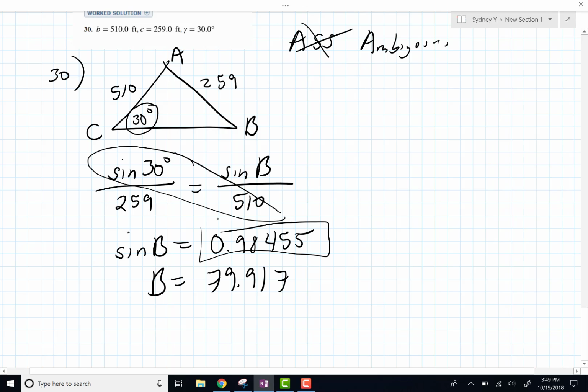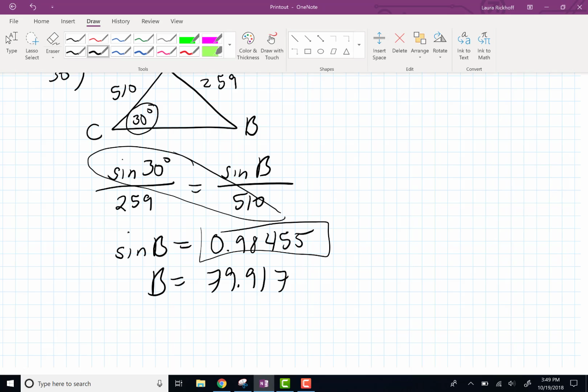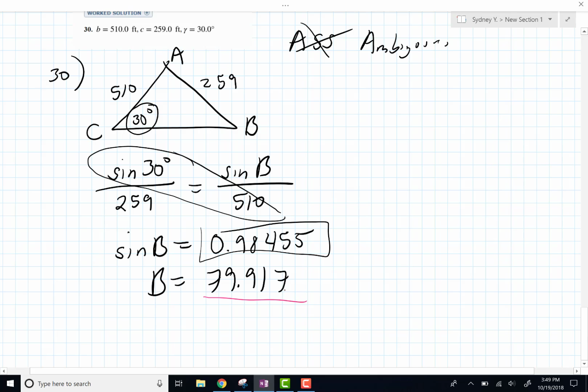And so our calculator didn't yell at us and give us a domain error, which would have happened if this sine had been bigger than 1, like if it had been 1.02 or something like that. That's not possible. So that would have been the no solution case. So it's not a no solution, but there is a possibility that it could be two solutions. Your calculator told you one angle where the sine equaled 0.98, but you know that there are two quadrants where the sine is positive.